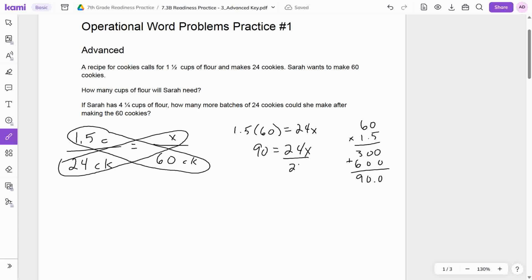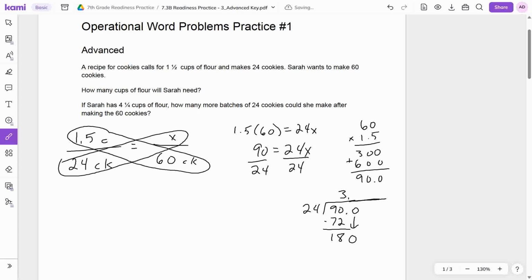I need to divide both sides by 24 to get that x isolated. So now let's divide 90 by 24. And obviously we are going to have some decimals that we're going to need to deal with, right? So that's going to be 3, it's going to get me 72, and that's going to get me 18 left.